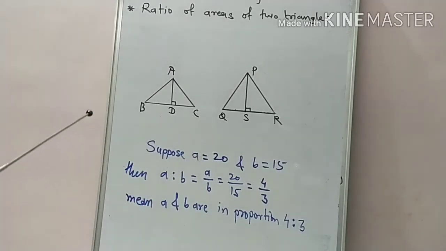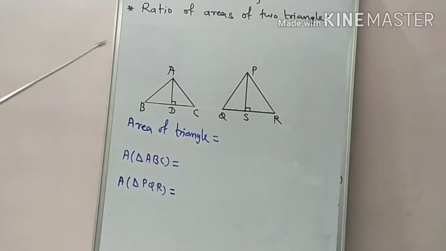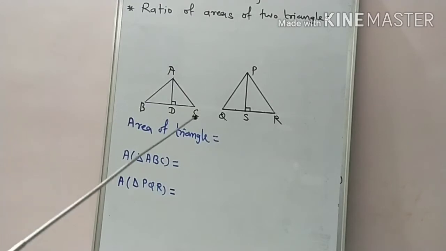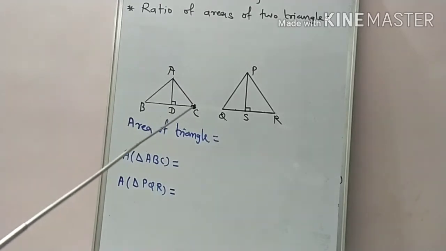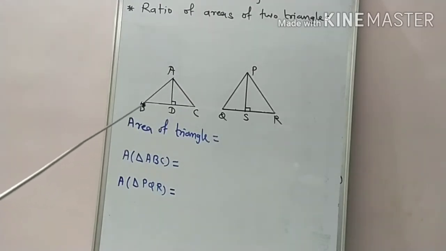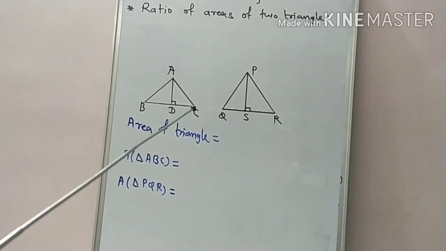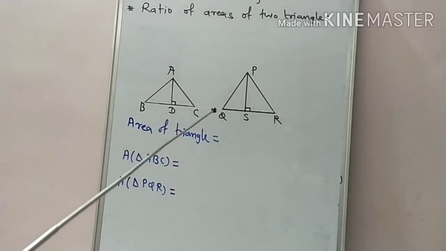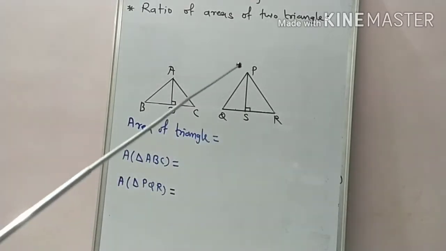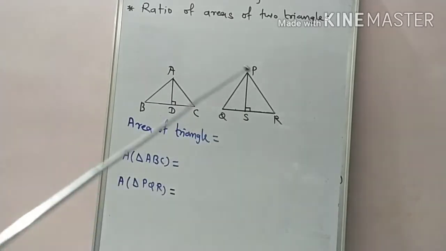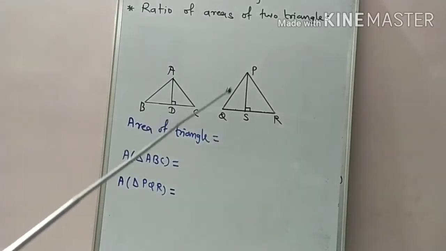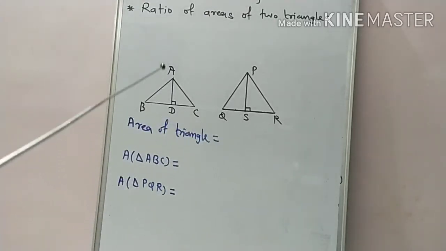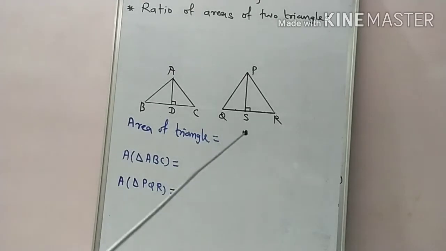So here, students, segment AB, segment BC and segment AC are sides of triangle ABC. Similarly segment PQ, segment QR and segment PR are sides of triangle PQR. Then what about segment AD and segment PS?